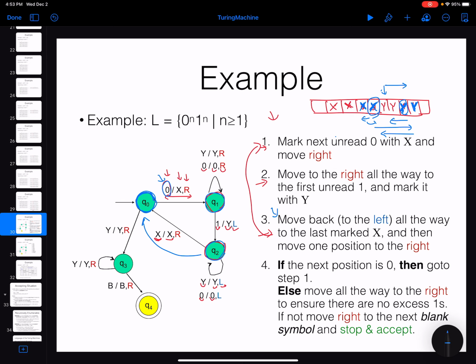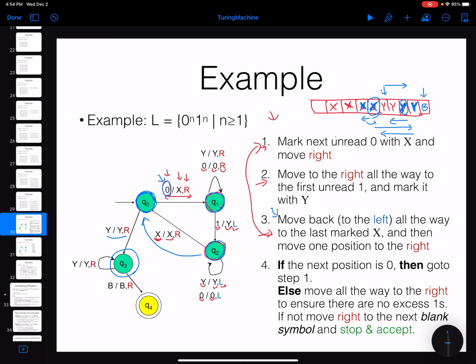What I'm going to do is go to the right, but this time I'm not searching for a 1. I am moving to the right until I find a blank. So in the state q3, you keep moving to the right. Whenever you reach the end of the string, everything has been replaced.